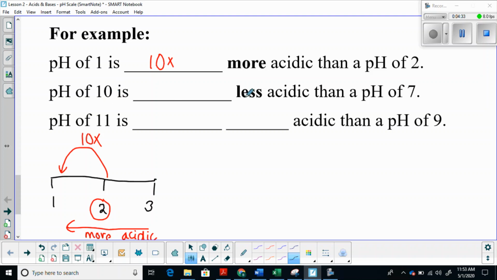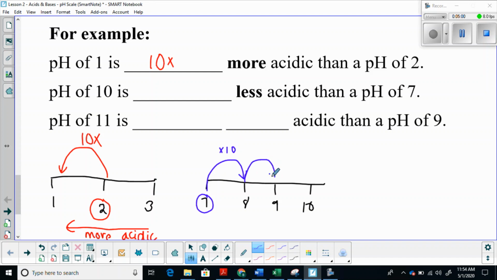A pH of 10 is blank less acidic than a pH of 7. So I'm going to draw a little segment of our pH scale here again. Let's start from 7, 8, 9, 10. I'll use a different color this time so you guys can see it. We're going to start with 7 and get to our end goal. So 7. It moves once, that's times 10.